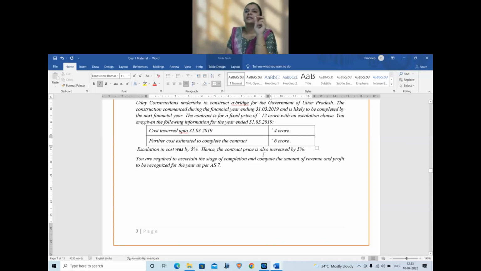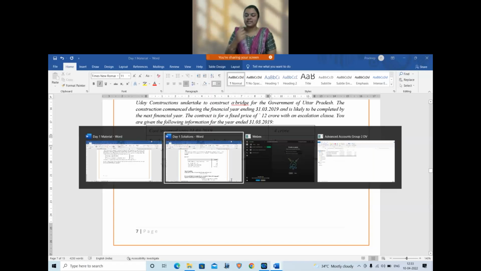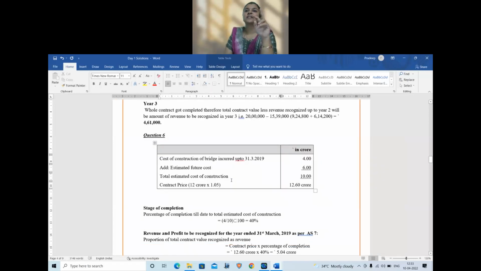Now listen here. The second part of the statement, hence the contract price is increased by 5%, which means you need to increase the contract price by 5%. So the hint is that in cost, escalation is already made, whereas in contract price you need to make the escalation.